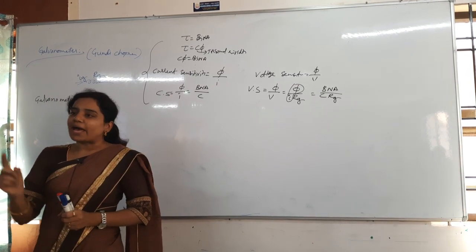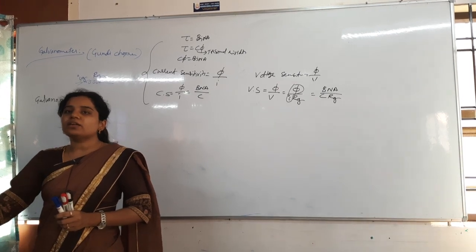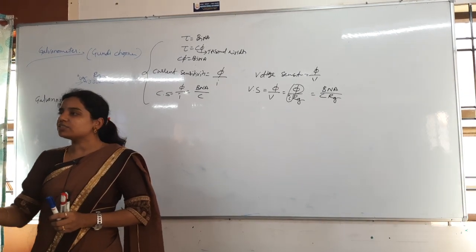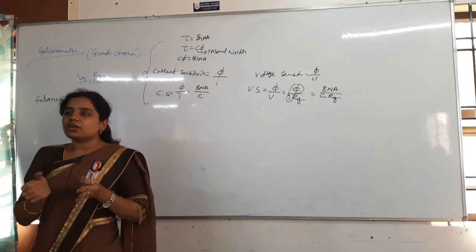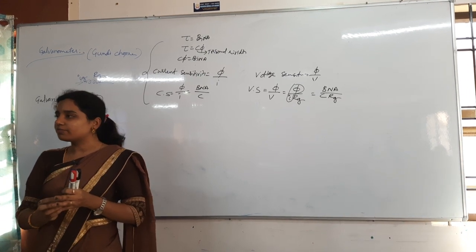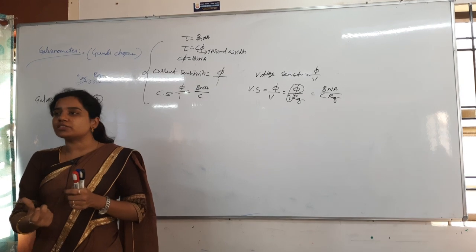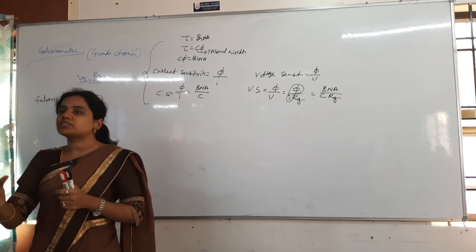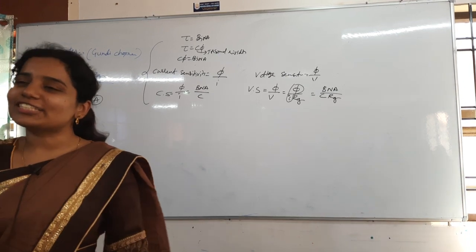By connecting a parallel resistor, a galvanometer will be converted to an ammeter. By connecting a series resistance, it will be converted into a voltmeter. Whenever you come to the parallel combination, that parallel resistance should be a very small resistance. That is known as what? Shunt resistance here. A small parallel resistor is known as the shunt resistance.